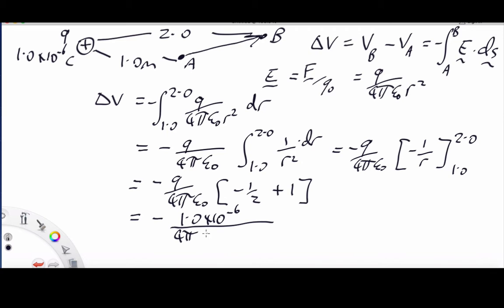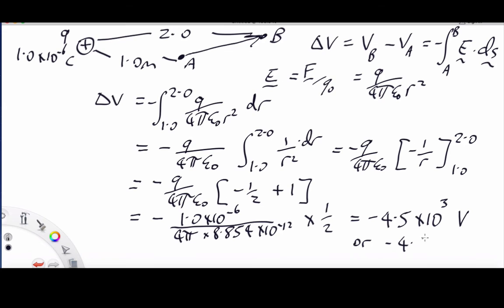We have 4 pi by 8.854 by 10 to the minus 12, and we times that by a half, and that gets us, when we work out all of that, minus 4.5 by 10 cubed volts, or minus 4.5 kilovolts.